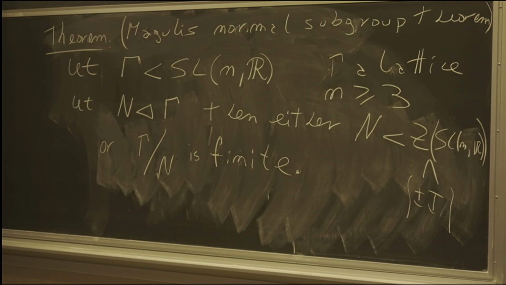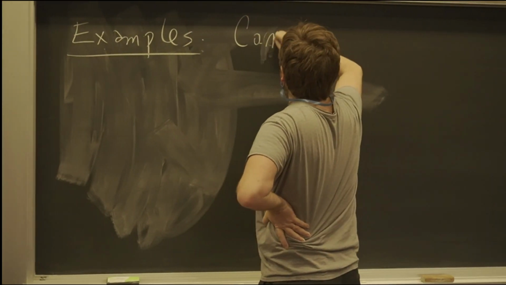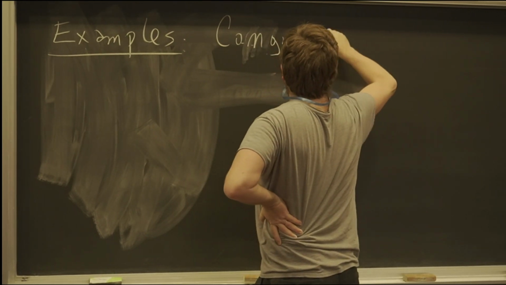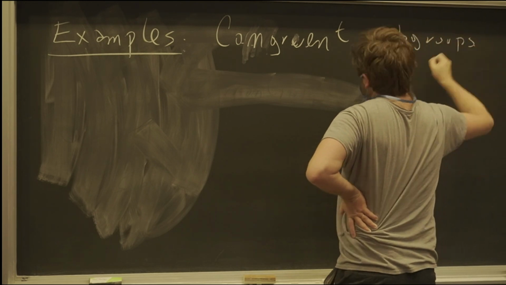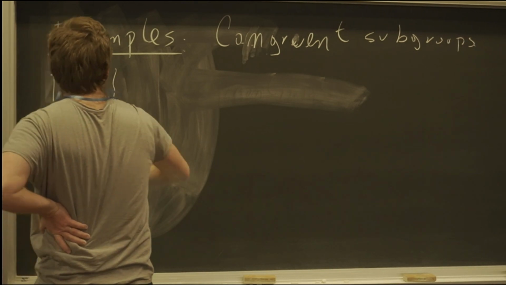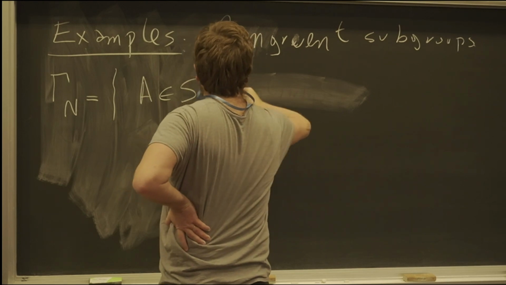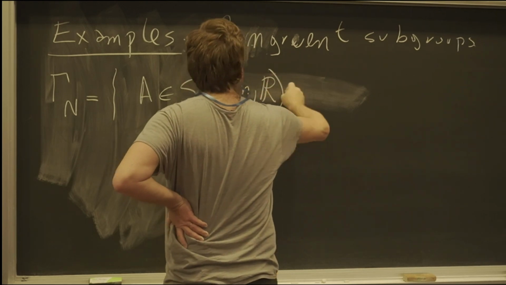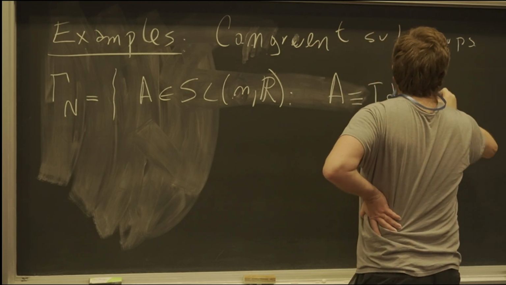Let's see. Very important examples, which are called, if I remember correctly, congruence subgroups. So we call gamma_n all the matrices A in SLnZ such that A is identity mod n.